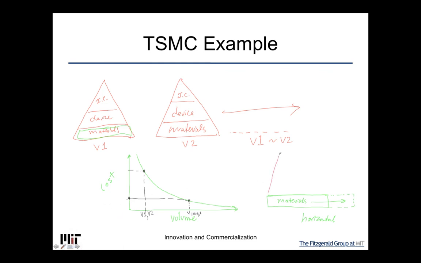And so now, I'm not drawing it to scale here, but I have many of these companies, etc. And now they can concentrate all of their intellectual property and productivity on device and IC. They don't have to worry about materials anymore, and they can get rid of those fixed costs.